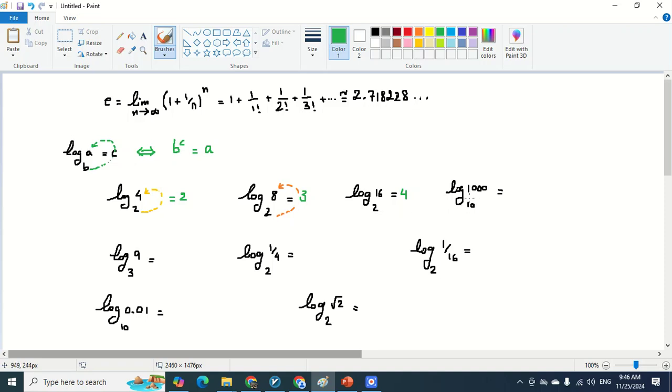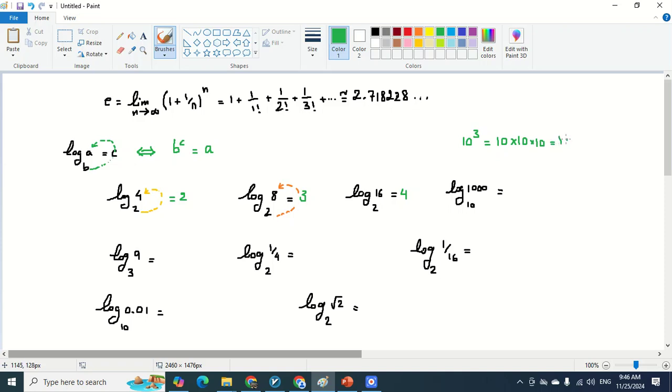For the next example, log of 1000 in a base of 10, you should consider the number such that 10 to the power of that number is equal to 1000. We know that 10 to the power of 3 is 10 times 10 times 10, which means multiplying 10 by itself 3 times. In other words, 10 cubed is equal to 1000.